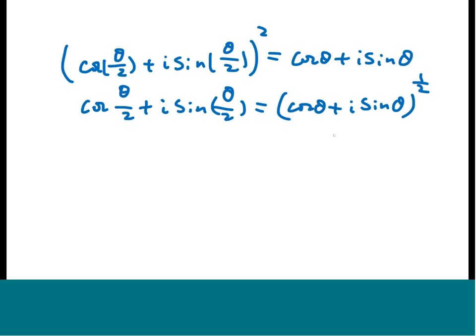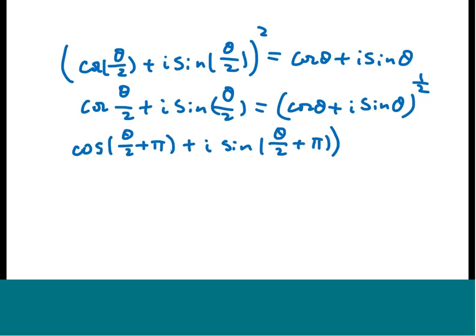But the problem is you see the cosine plus pi, then plus sine, is essentially just rotating by pi. This is just a negative thing.